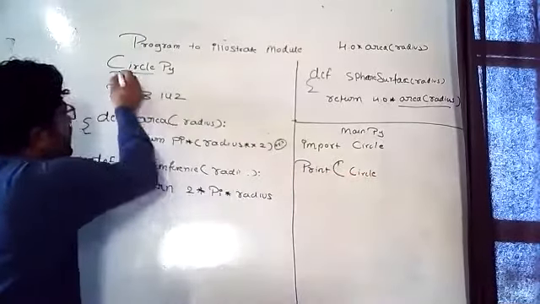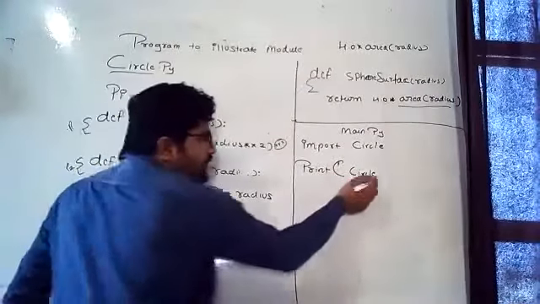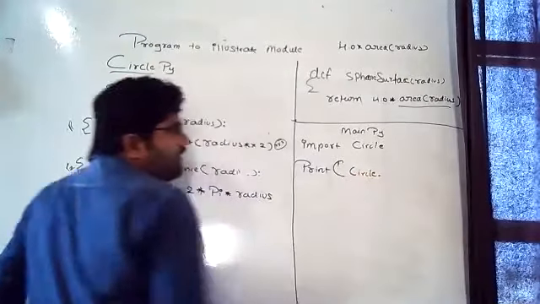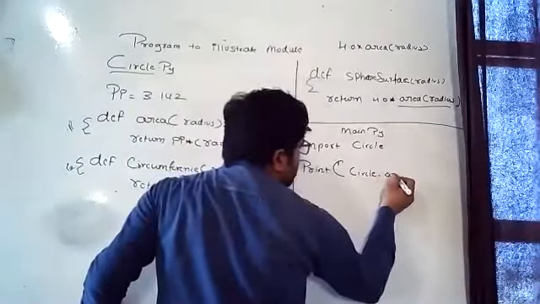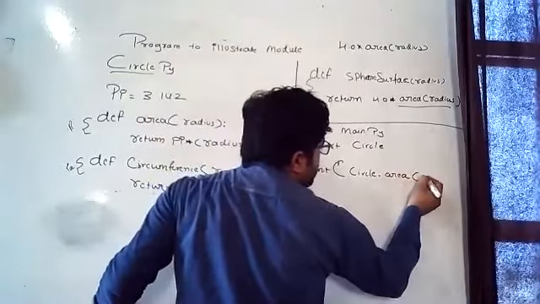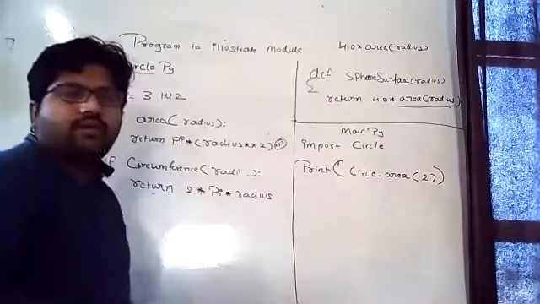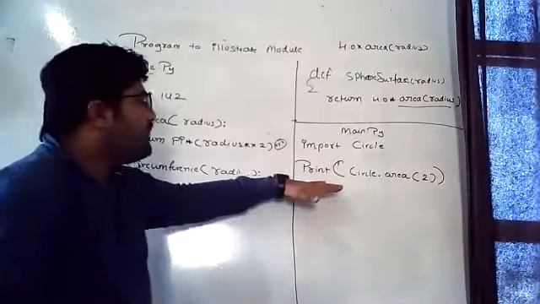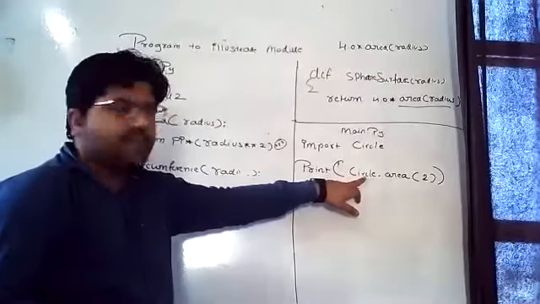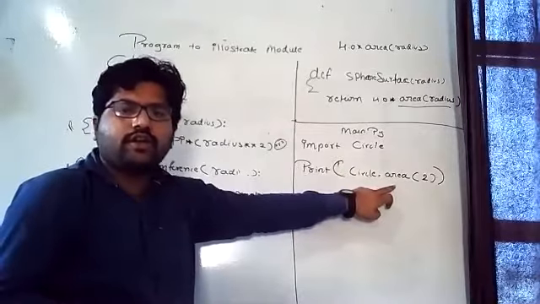If the C is capital, you need to write a capital C. If C is small, you need to write a small c. I want to call area, pass as a 2. What is this print function going to do now? As an interpreter, print circle dot, in the sense this circle module is invoking the function.